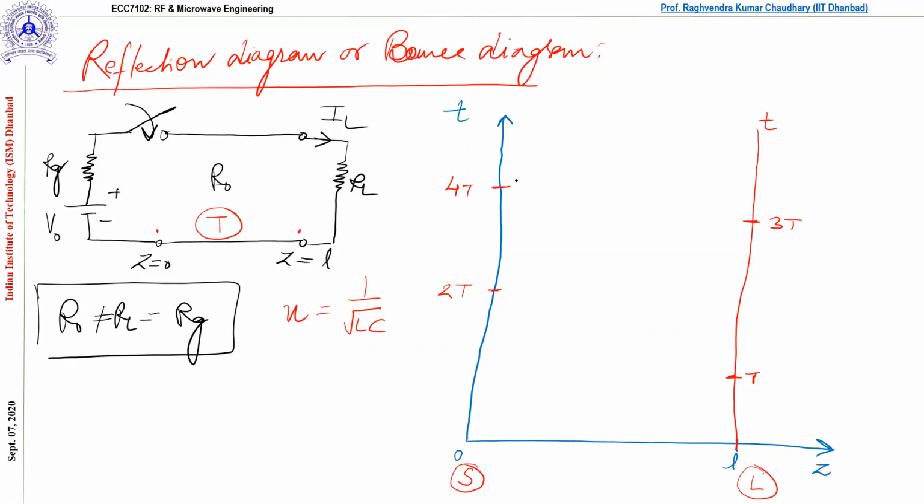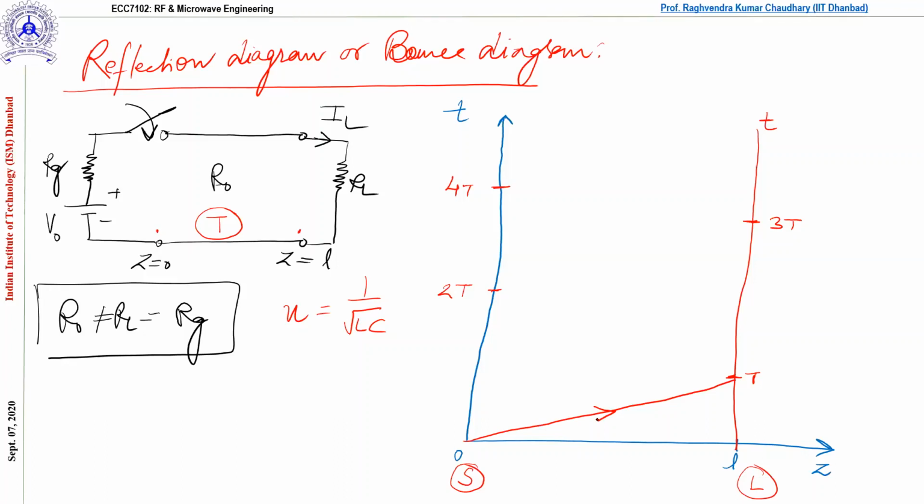So for the first time period, when you launch the wave from the source side, it will reach the load side after capital T time. So we can make it like this. The direction is this, going to the load side.